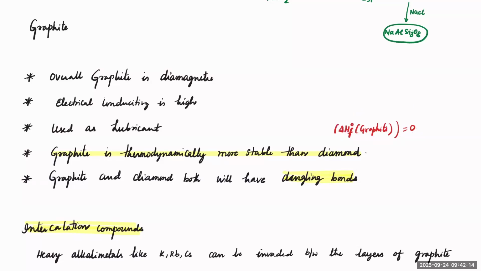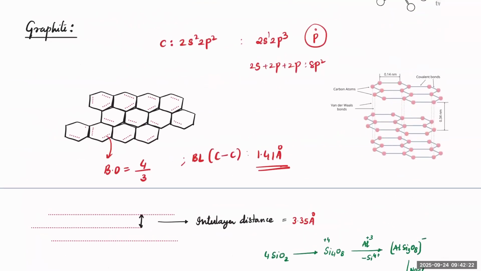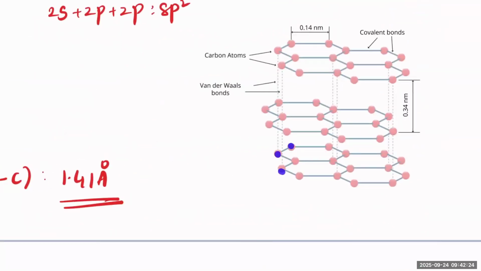Next, graphite and diamond both will have dangling bonds. Dangling means at the terminal, see if the bond is forming, let's say here, have you noticed the last carbons are still open for bonding? Because they have an unpaired electron on them. So that means the last carbons in diamond or graphite don't have any closed valency. They are open valencies.